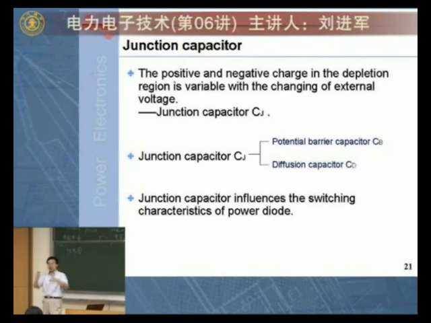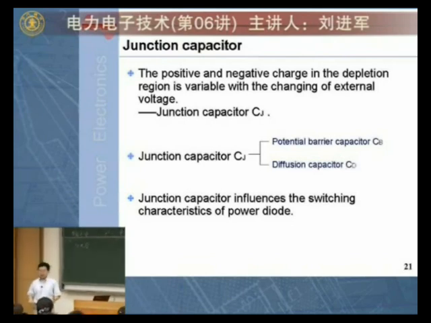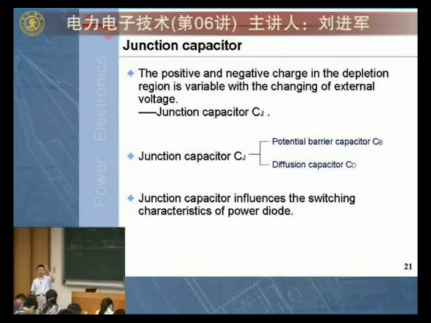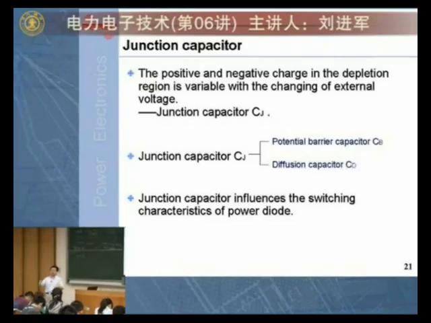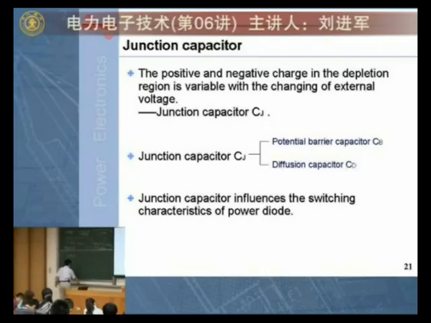Because in the space charge region, in the depletion region, you have on one side positive charge, on the other side negative charge. That's by nature a capacitor. So you always have certain capacitance.